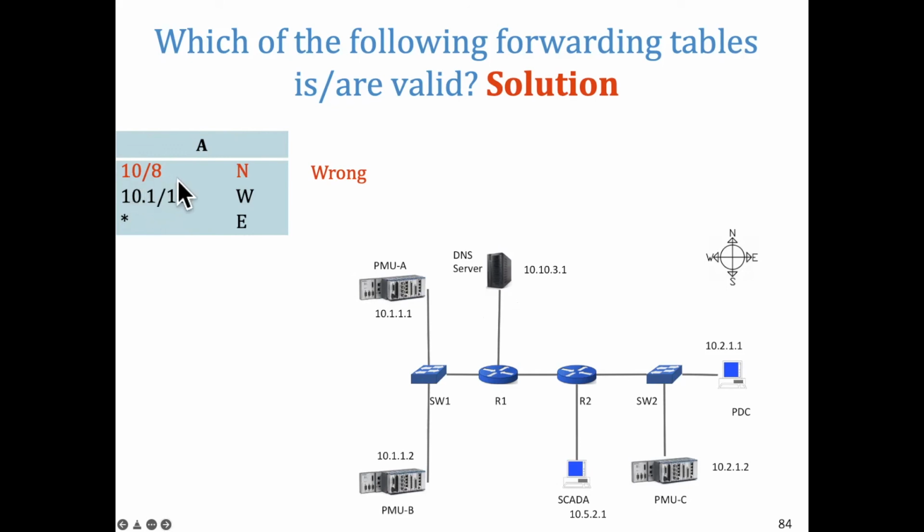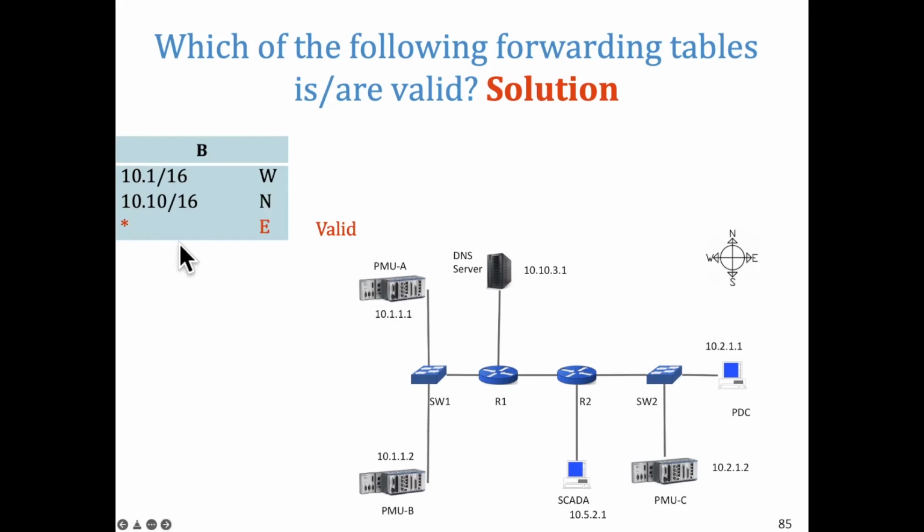It matches this one, so it's a correct one. Let's look at a packet that is destined to the PDC, for example. If a packet has the destination PDC, which is 10.2.1, and you use this forwarding table, it does not match the second one, but it matches the first one. The address is 10 dot something, but we will forward it to the north interface. We will forward it to the DNS, and that's an example of a wrong forwarding table.